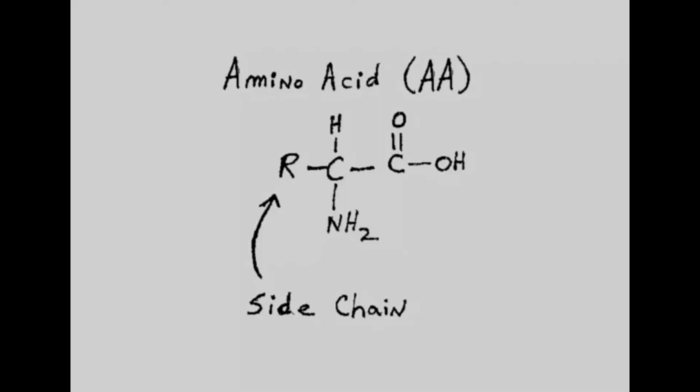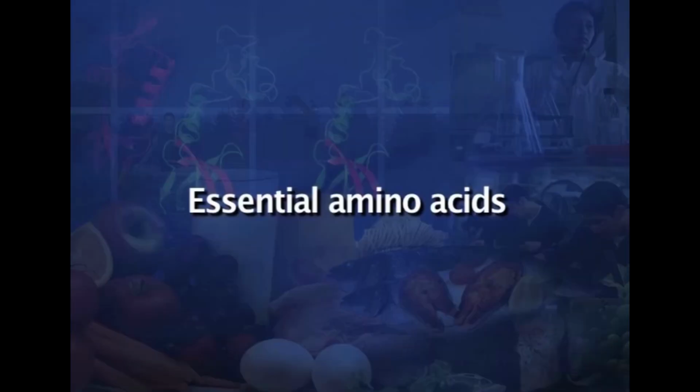Now, this is the basic structure of an amino acid with the amino group or the NH2 group, the carboxyl group or the COOH group, the H on one valence and the R group or the side chain on the other valence.